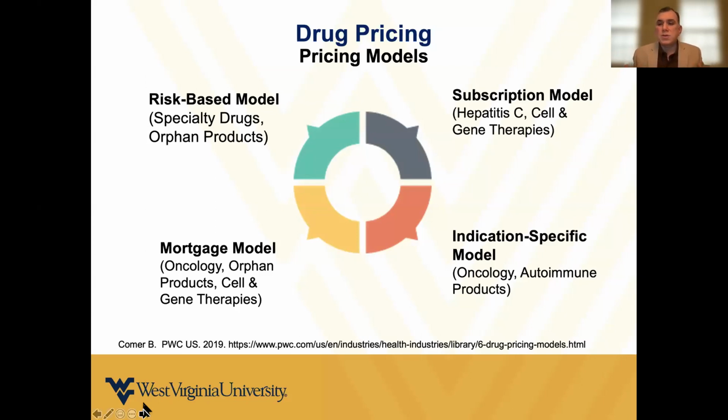In the United States, because of the way our healthcare system is set up, we have so many different payers, and there's a lot of discussion of rebates and discounts. However, as the newer, more innovative drugs are being introduced, which have unique characteristics that meet the unique needs of patients, and have a certain dynamic in terms of competition, pricing models have also evolved over the years and have been nuanced to reflect these unique product characteristics.